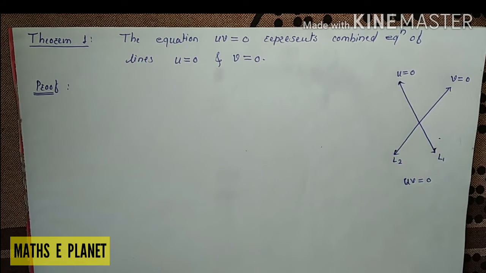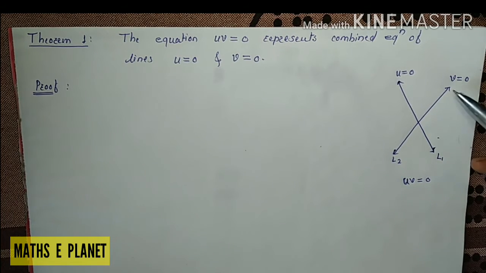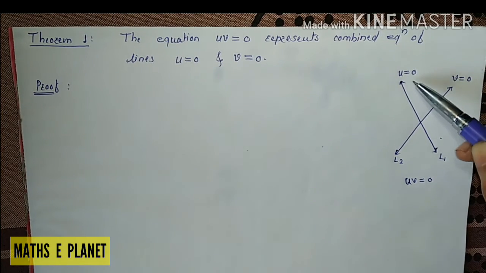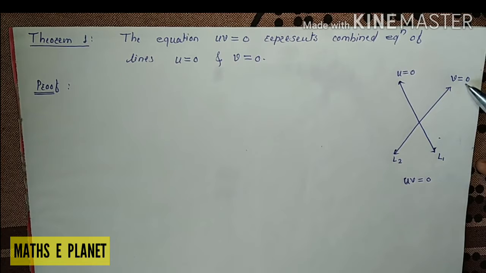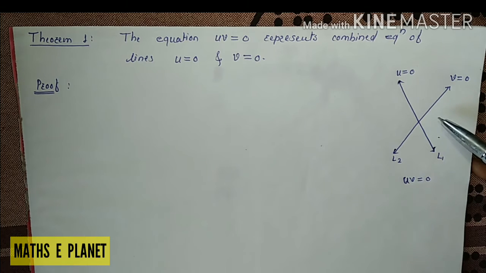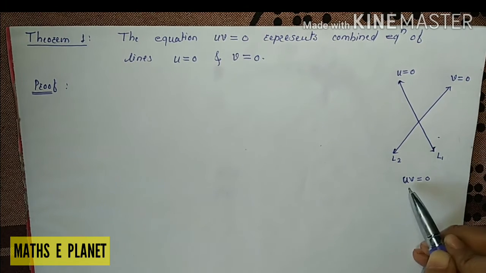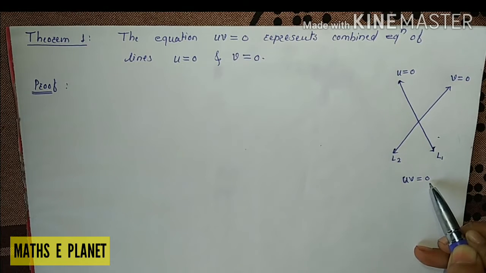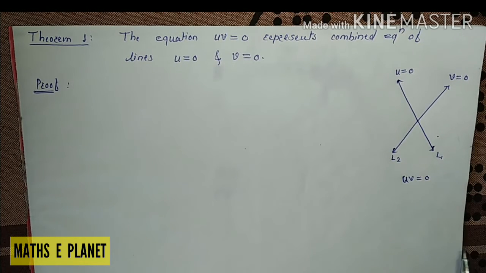Means if there are two lines, which are u is equal to 0 and v is equal to 0, and we want to find a single equation for both lines, then how can we find it? Then the equation u into v is equal to 0 gives us a single equation for these two lines.